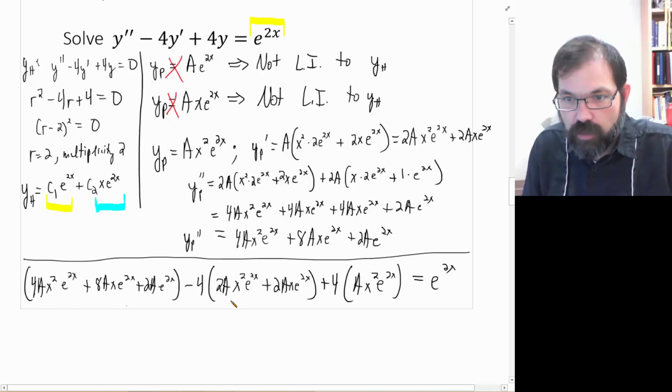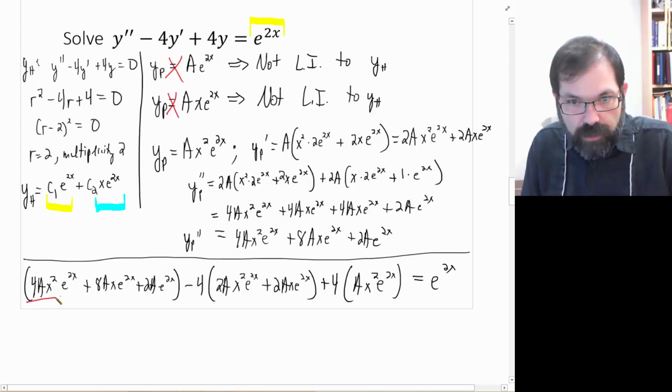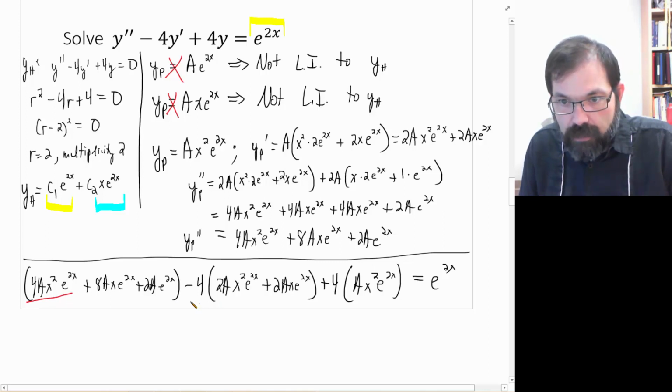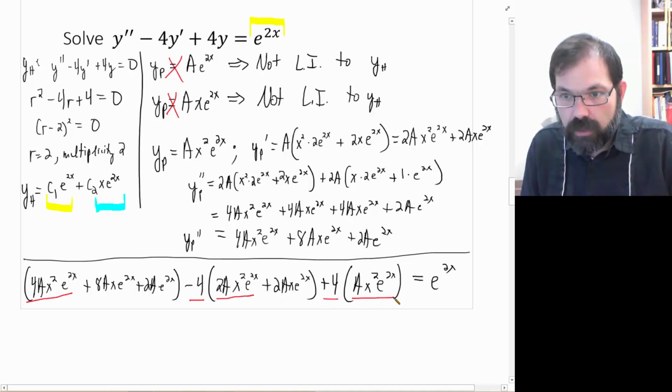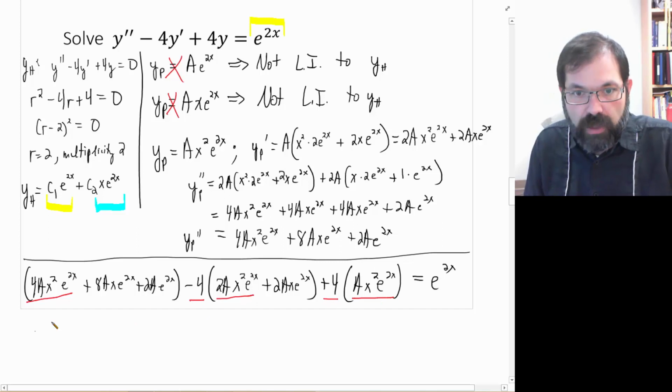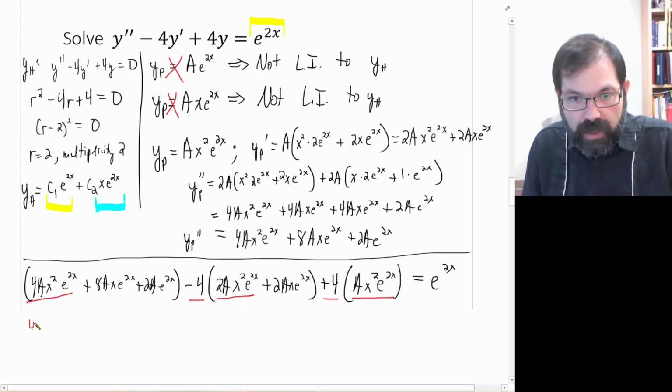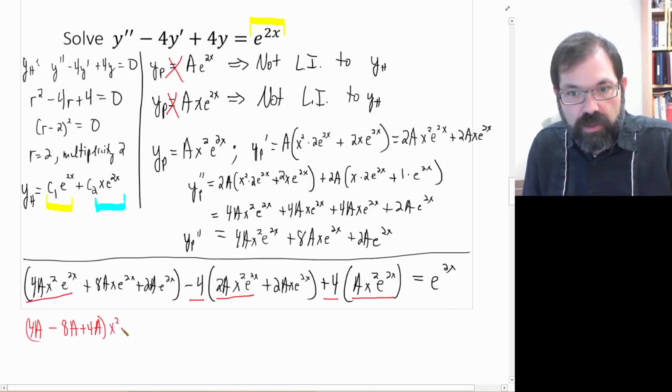So let's look at the x squared terms. I've got a 4ax squared e to the 2x. I have a minus 4 times 2ax e to the 2x, and I've got a plus 4 times ax squared e to the 2x. So I've got 4a minus 8a plus 4a, and that's all times x squared e to the 2x, and so those go to 0.